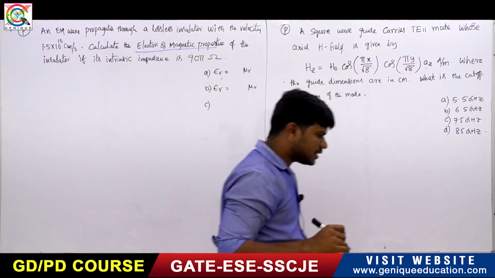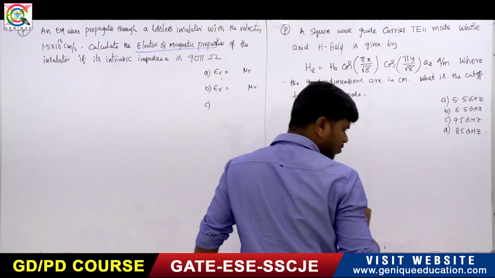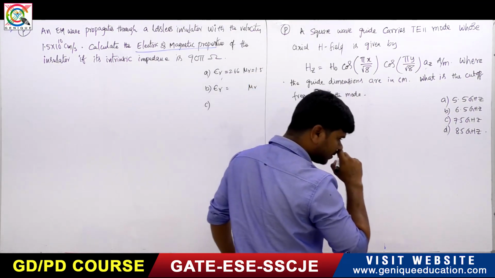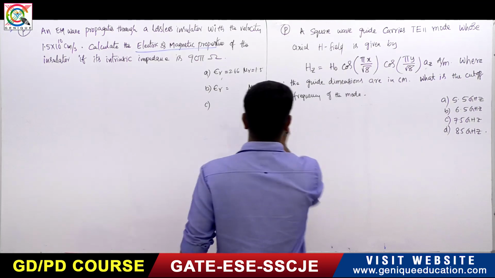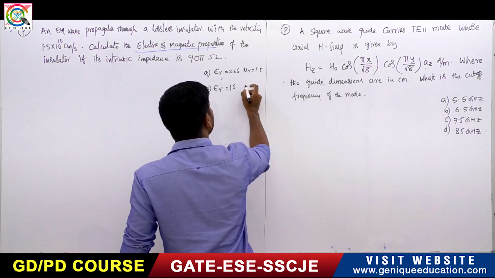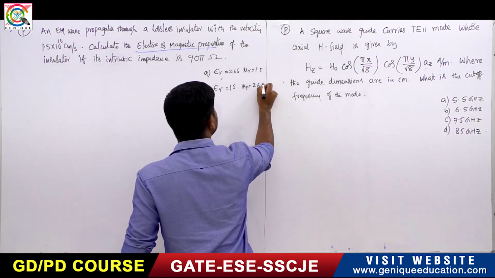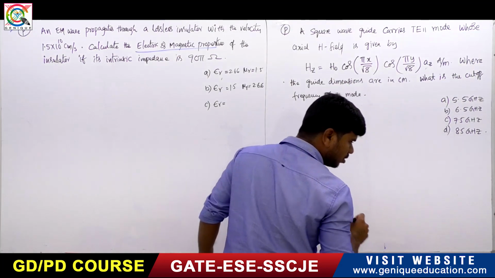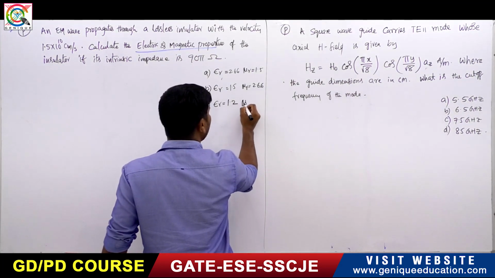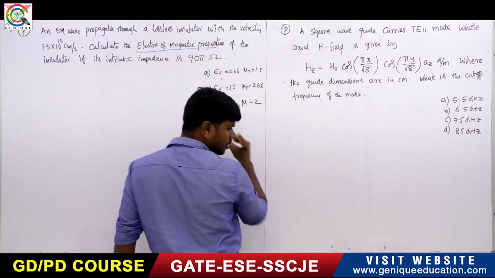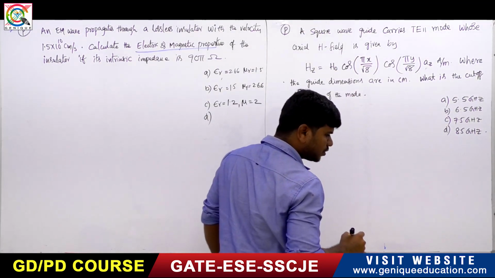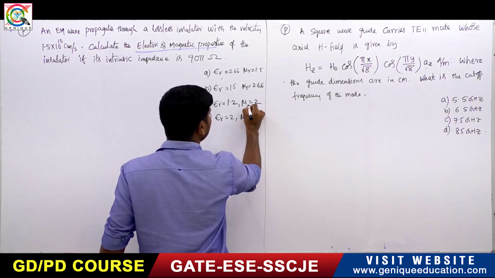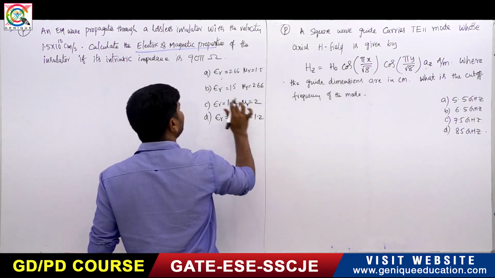The values given here are 2.66, 1.5; next 1.5, 2.66; then epsilon r is 1.2 and mu r is 2 in option D; epsilon r is equal to 2 and mu r is equal to 1.2.